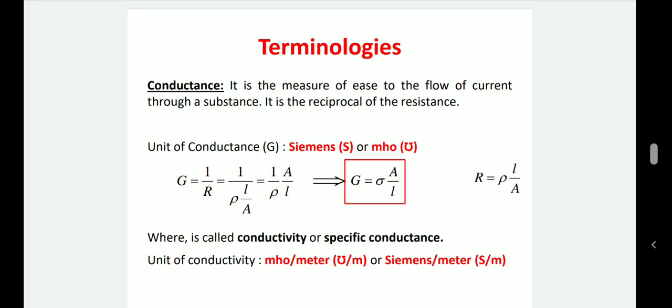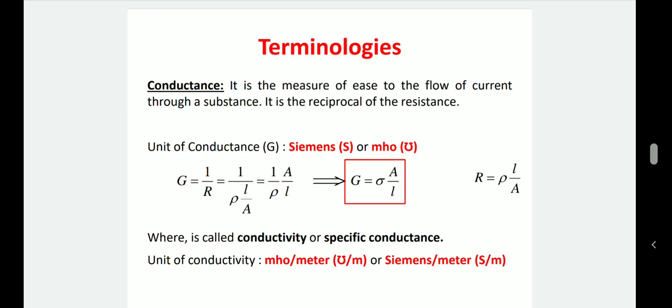Resistance means it is the opposition to the current flow. That's why we are saying conductance is the reciprocal of the resistance. Its unit is Siemens or mho. Siemens or mho, both are the same.